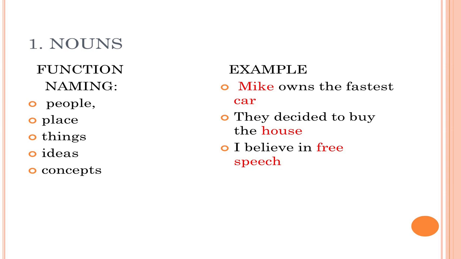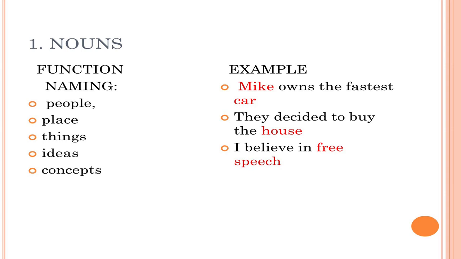Then the word car is also a noun. It is the name of a thing. We can describe car as a common noun, general name given to a thing. You can think of more examples of common nouns that you know around you.